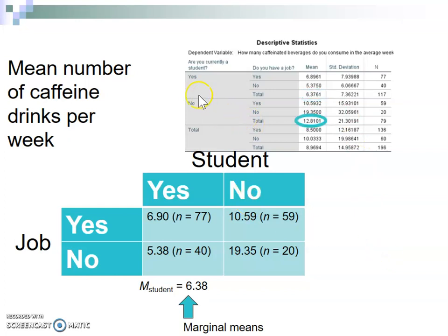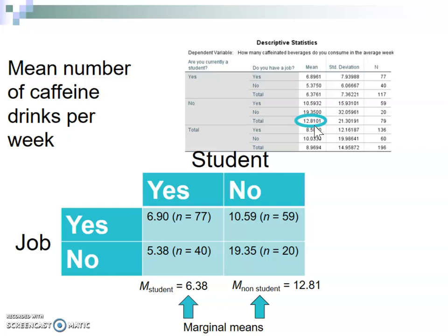Our other marginal mean would be for all the people who said, no, I'm not a student. This total represents the combined mean of every single person in this group who said no, I'm not a student. Again, we're ignoring whether they have a job or not. We don't care about that for our main effects. So the combined mean for every single person that said no, I'm not a student, is going to be 12.81.